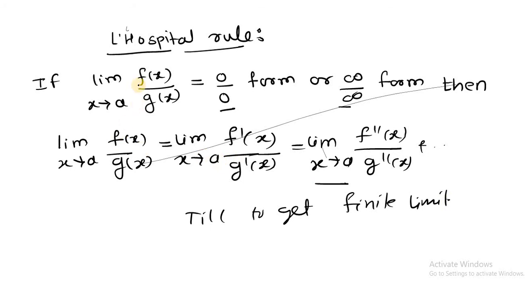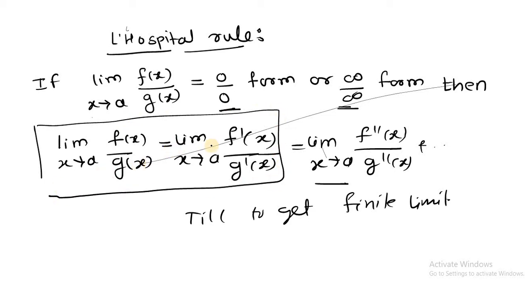So if the limit of f of x upon g of x as x tends to a is either 0 by 0 or infinity by infinity, then the limit is the same as the limit of f dash of x, that is derivative of numerator, upon derivative of denominator, as x tends to a.